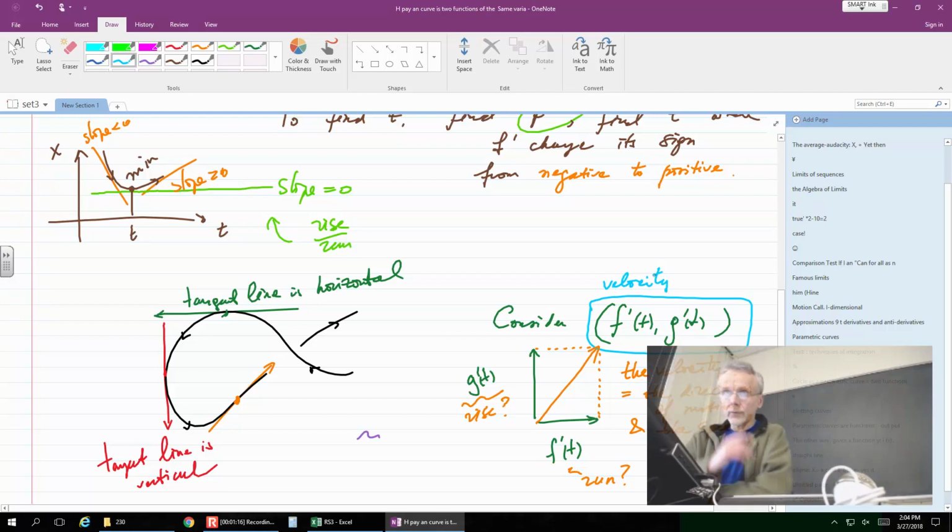So if we have two functions f and g that represent the location, x and y, with respect to the variable t, the derivatives form what we think of as the velocity.